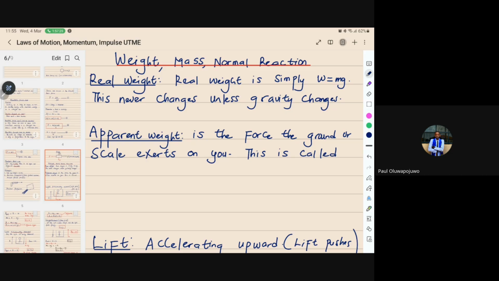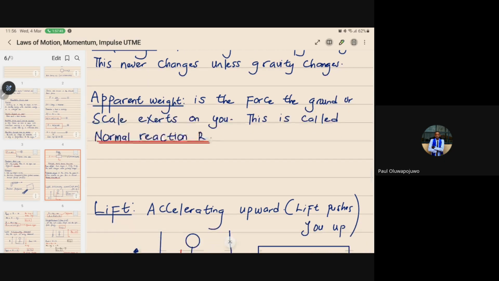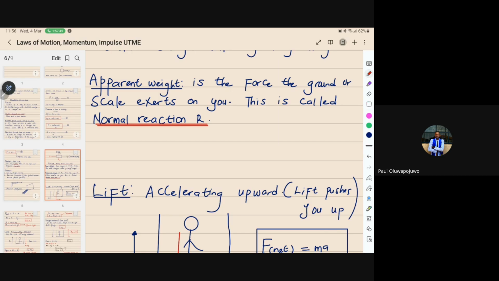So this is called normal reaction R. And then I wanted to add something else: a weighing scale actually measures R. Are you there?